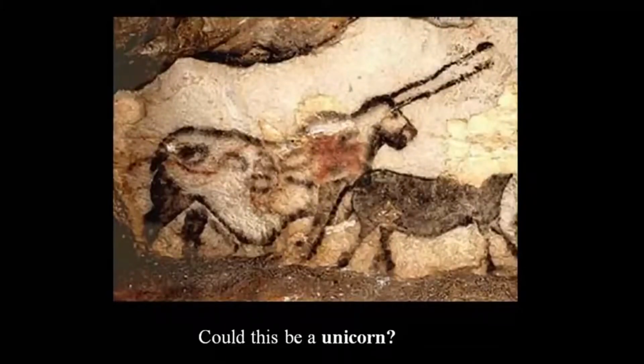And sometimes you also chance upon some unique and very unusual animals like this, which almost look like an image of a unicorn, but obviously it may not be a unicorn, it could be the image of a deer.